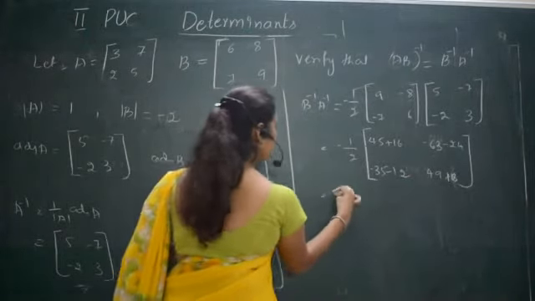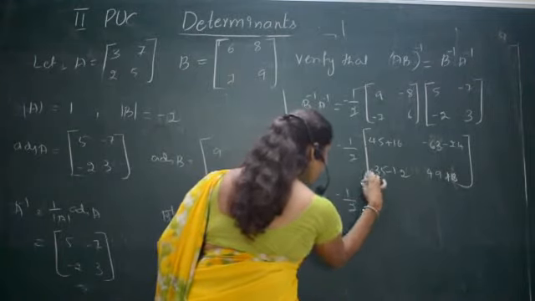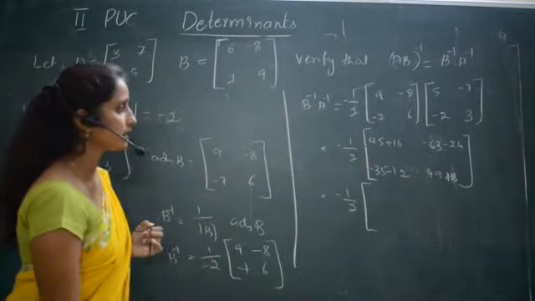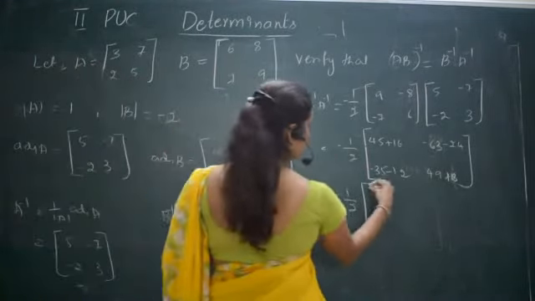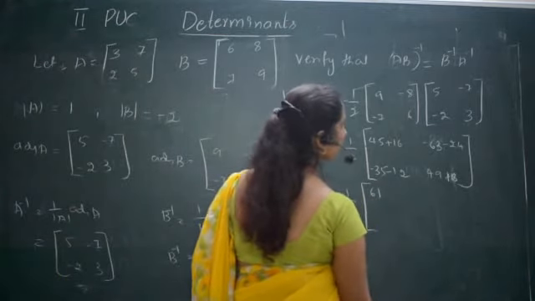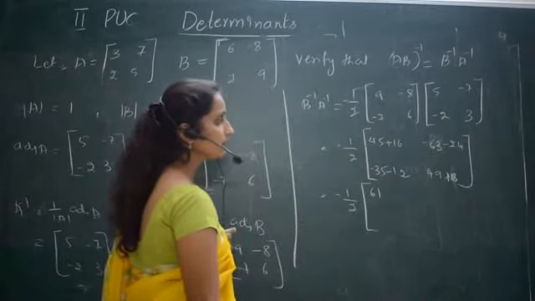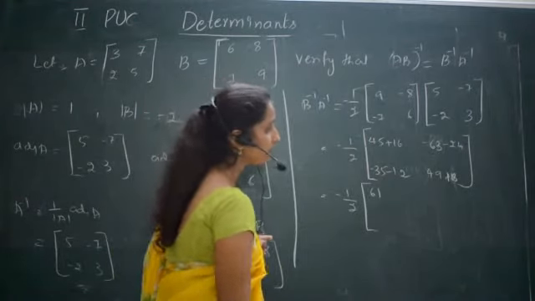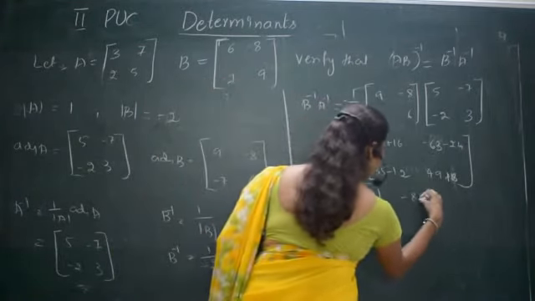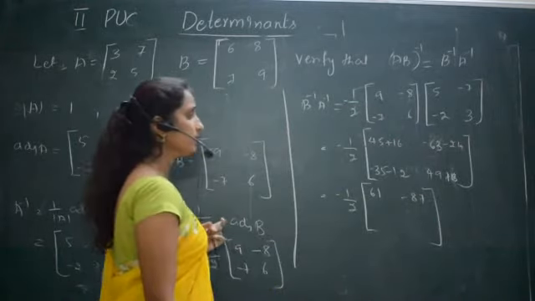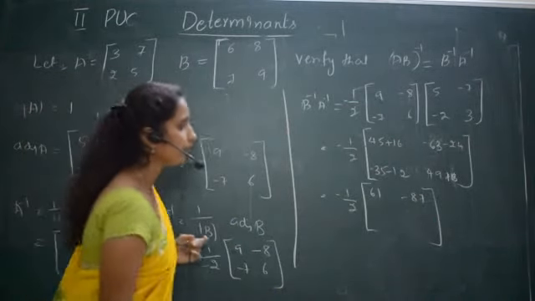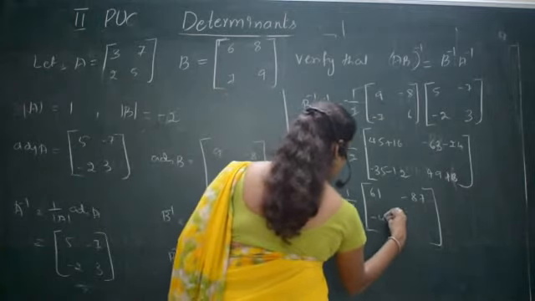So this is equal to minus 1 by 2 into 45 plus 16 is 61, and here it is minus 63 minus 24, minus 87. Then minus 35 minus 12, minus 47.